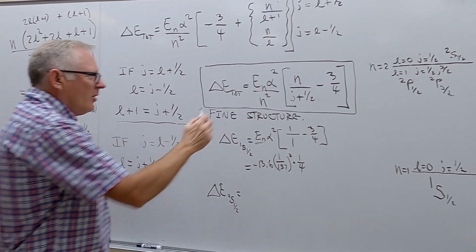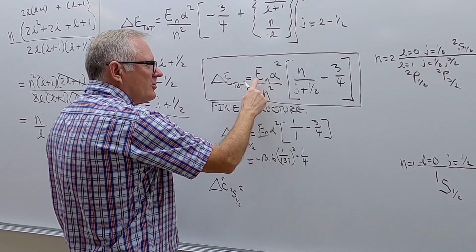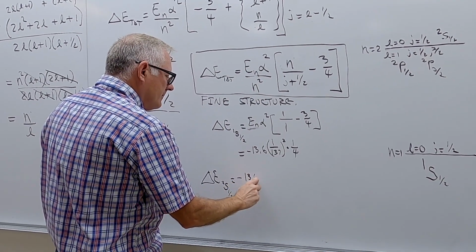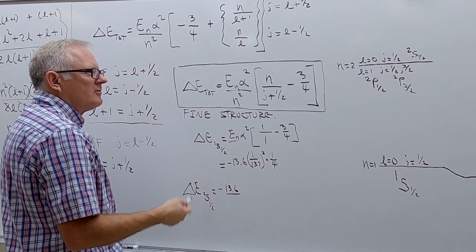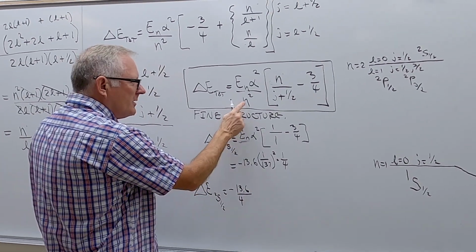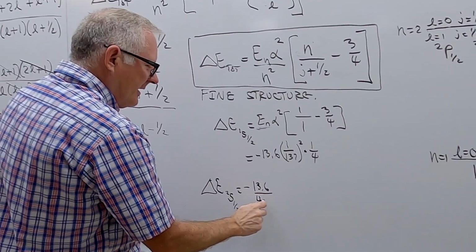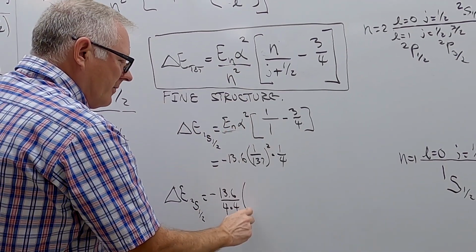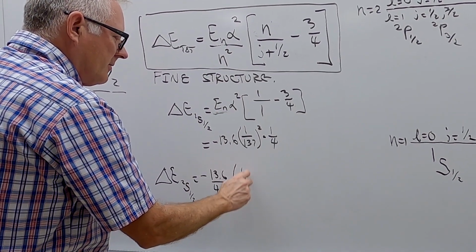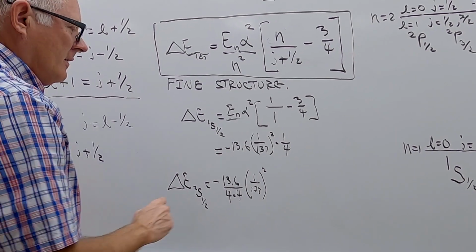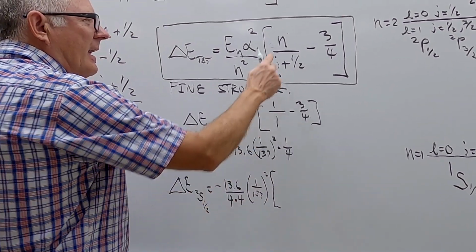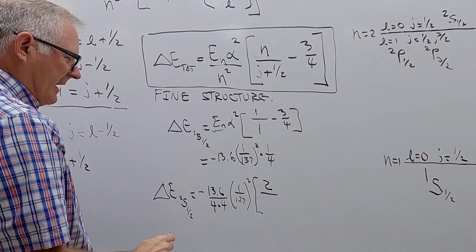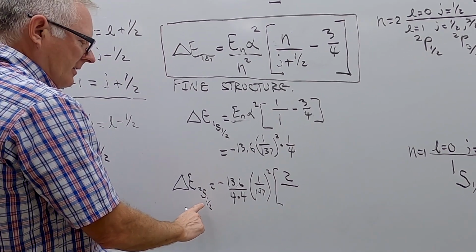if we plug it in, N is 2, so that would be minus 13.6 over N squared, which is 4. But you also have another N squared there, so you got another 4. We got our alpha squared, 1 over 137 squared, times N, which is 2, all over J, if J is a half.